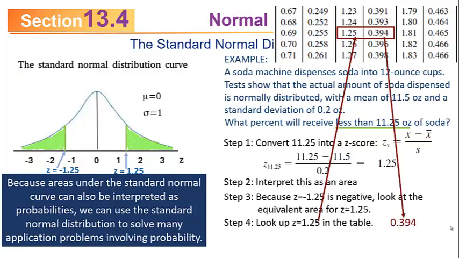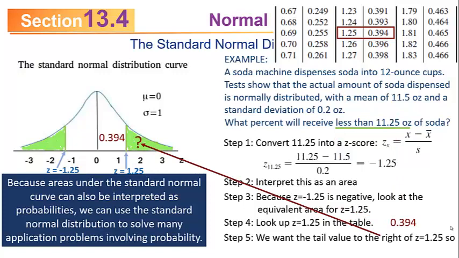You're still not quite at your answer because, again, to emphasize, the number in the table, that 0.394, gives you the area from 0 up to z equal 1.25. But you want the shaded area to the right of that. Because of symmetry, all you have to do is subtract from 0.5, because everything to the right of 0 has an area of 0.5.